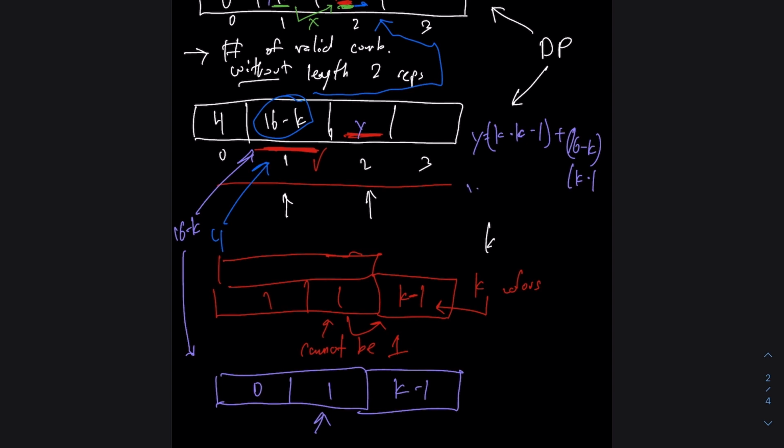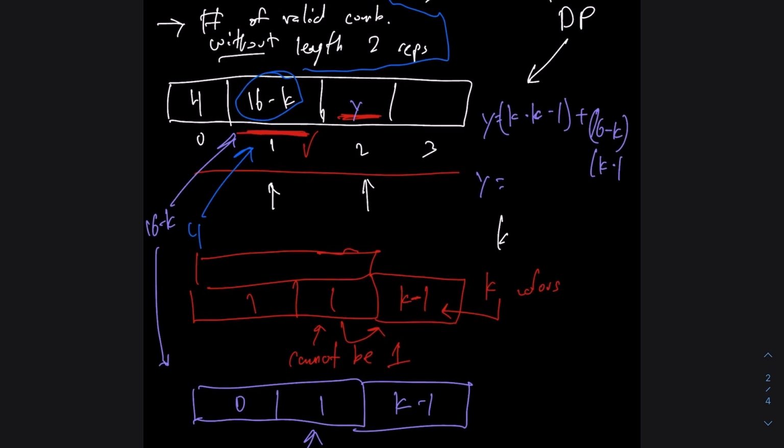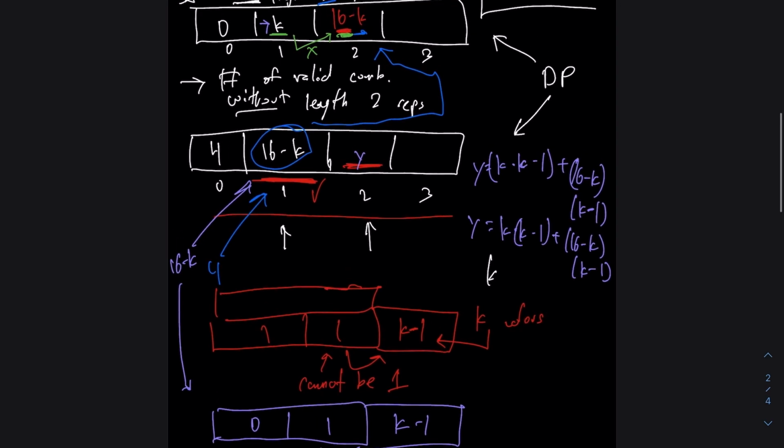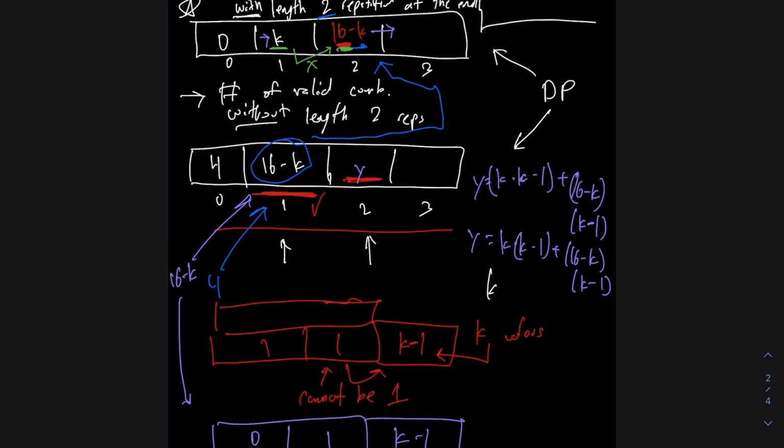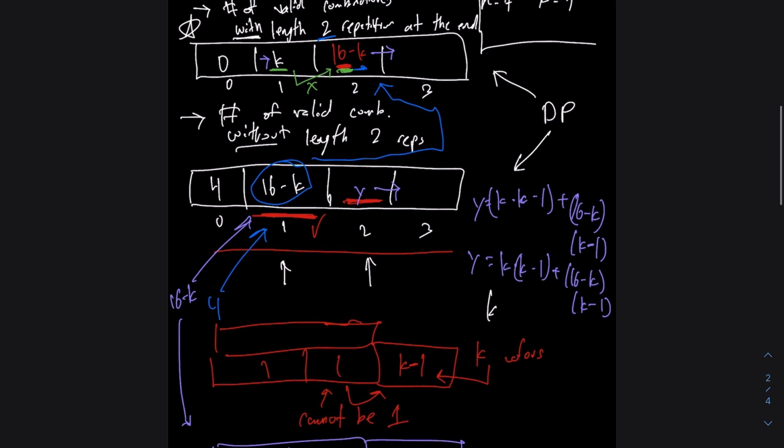So ultimately y is equal to k times k minus 1 plus (16 minus k) times (k minus 1). All right? And this is a pattern that goes on throughout the entire array.